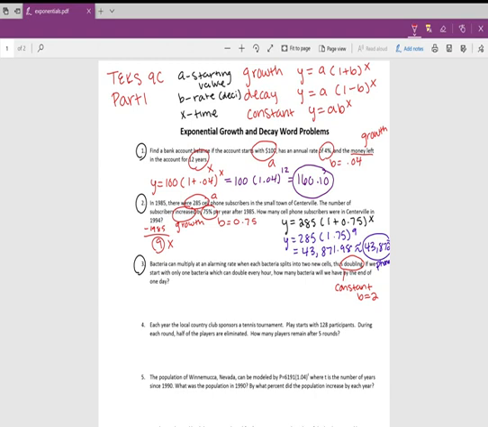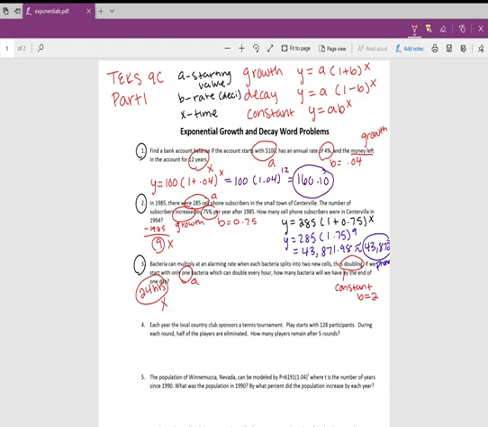Okay, then it says if we start with only one bacteria, so that's A, which can double every hour, how much bacteria will they have at the end of one day? Since this bacteria is doubling every hour, we can't use one day as our x. We have to think of how many hours are in a day. And we know that there's 24 hours in a day, so this is going to be our x.